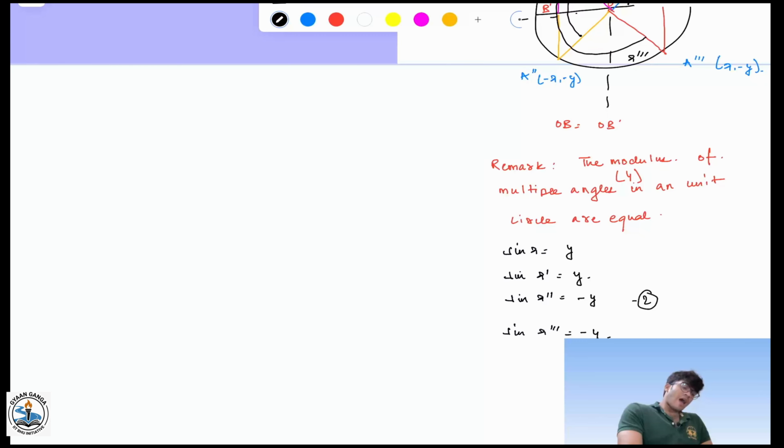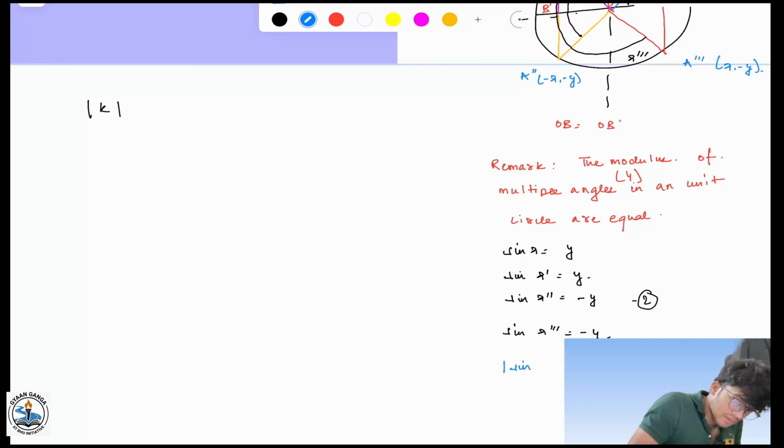So the absolute value remains the same. The modulus is typically denoted by 2 bars. This is modulus of x. We have used x way too frequently, so this is modulus of k. This is how you denote it. So from this remark, mod of sin x is equal to mod of sin x dash, which is equal to mod of sin x double dash, which is equal to mod of sin x triple dash.